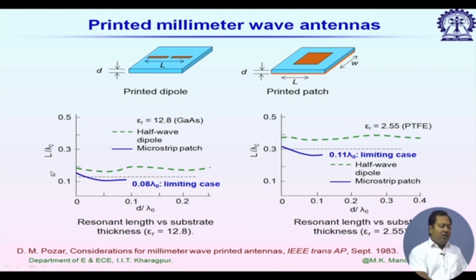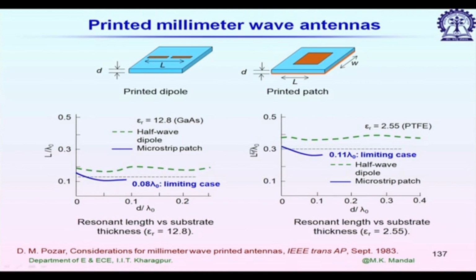Now, in this plot we are going to show the resonant length versus substrate thickness variation. Before this study, let me discuss a few points on how the printed dipole radiates, how the printed patch radiates, and what their basic characteristics are, because both of them are resonating antennas.